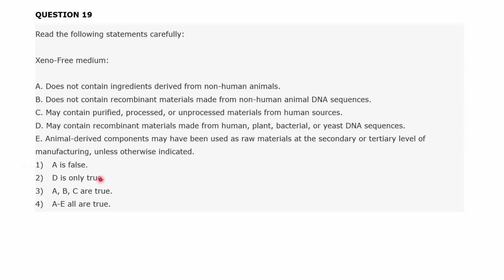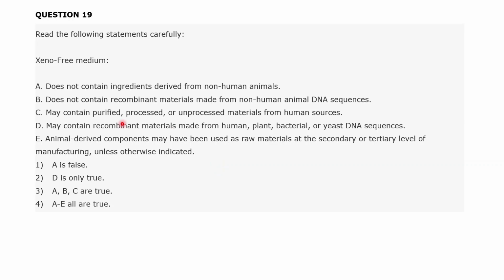First option, A is false. Second option, D is only true. A, B, C are true, and the last option, all are true. Which might be the answer? Option 4, sir. Option 4.